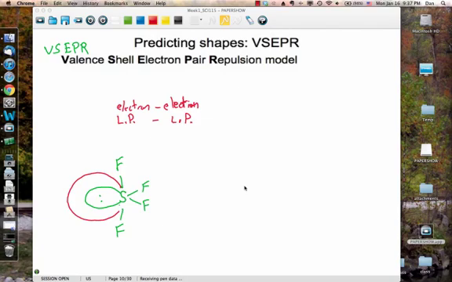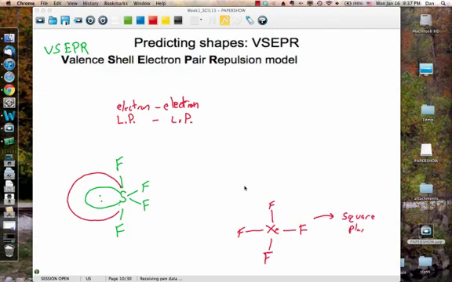This flattens them out. This is often why we can observe that SF4 is actually a square planar molecule.